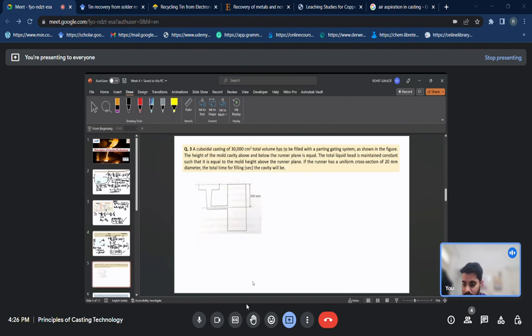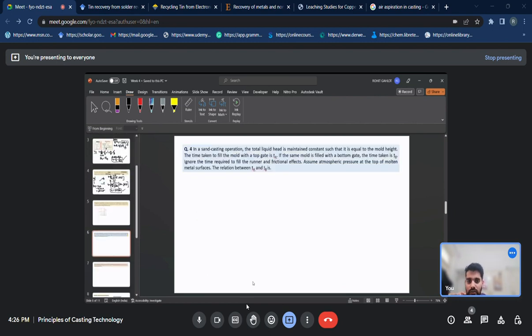Okay, if no one has any doubt, then let's move to problem number 3. Problem number 3 is a combined problem of the top gating system and the bottom gating system.